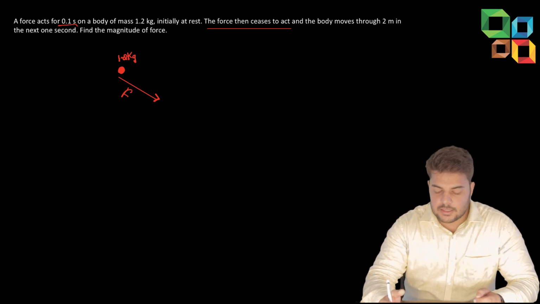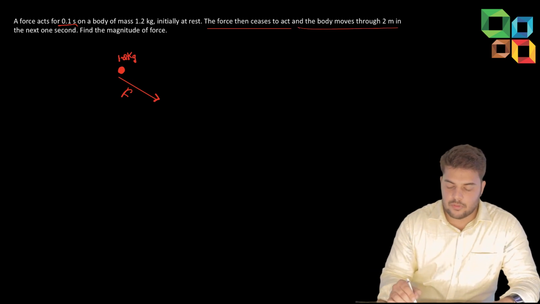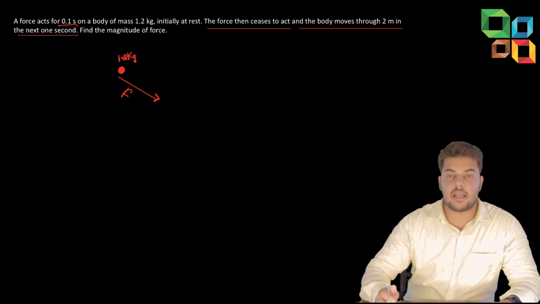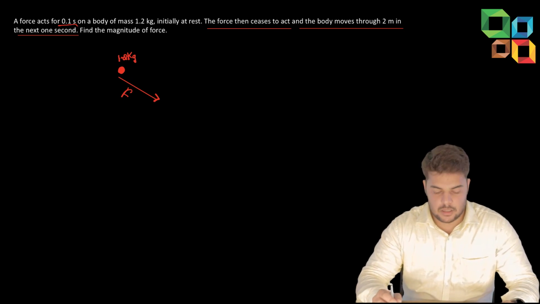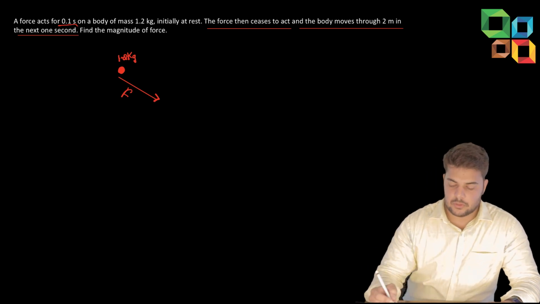The force then ceases to act, and the body moves through a distance of 2 meters in the next 1 second. So the body has moved through a distance of 2 meters in the next 1 second. Find the magnitude of the force. All right, so let's see.